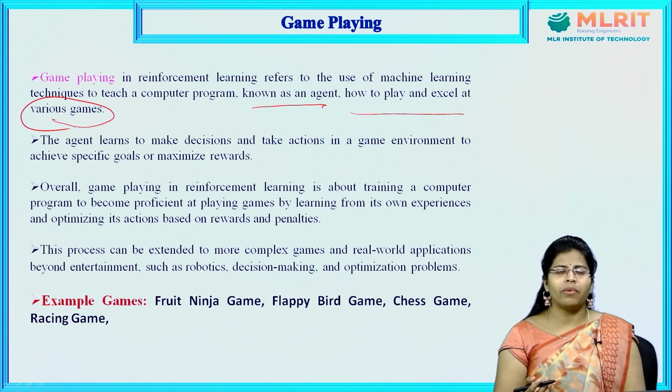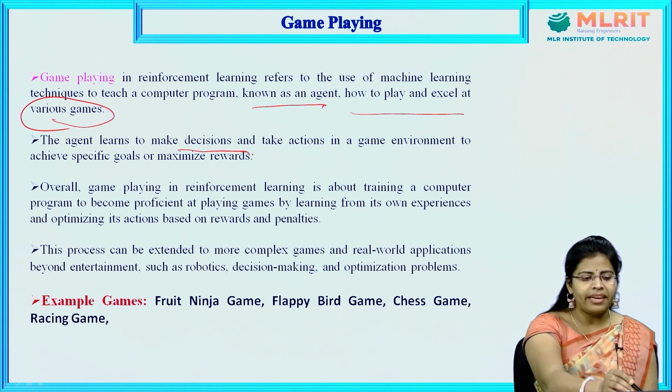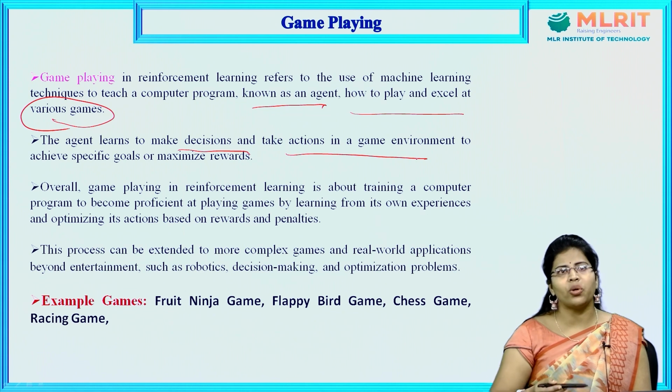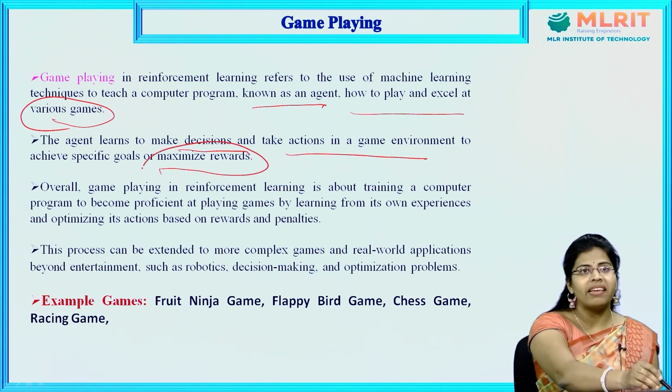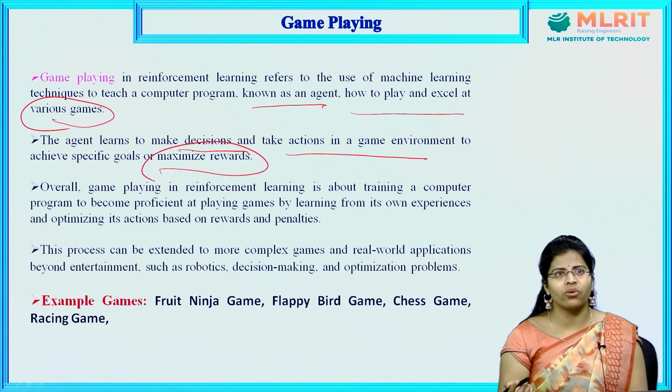Many people play games on their systems, and those games are developed with reinforcement learning. It makes decisions and takes actions in the game environment to achieve maximized rewards or the highest scores.